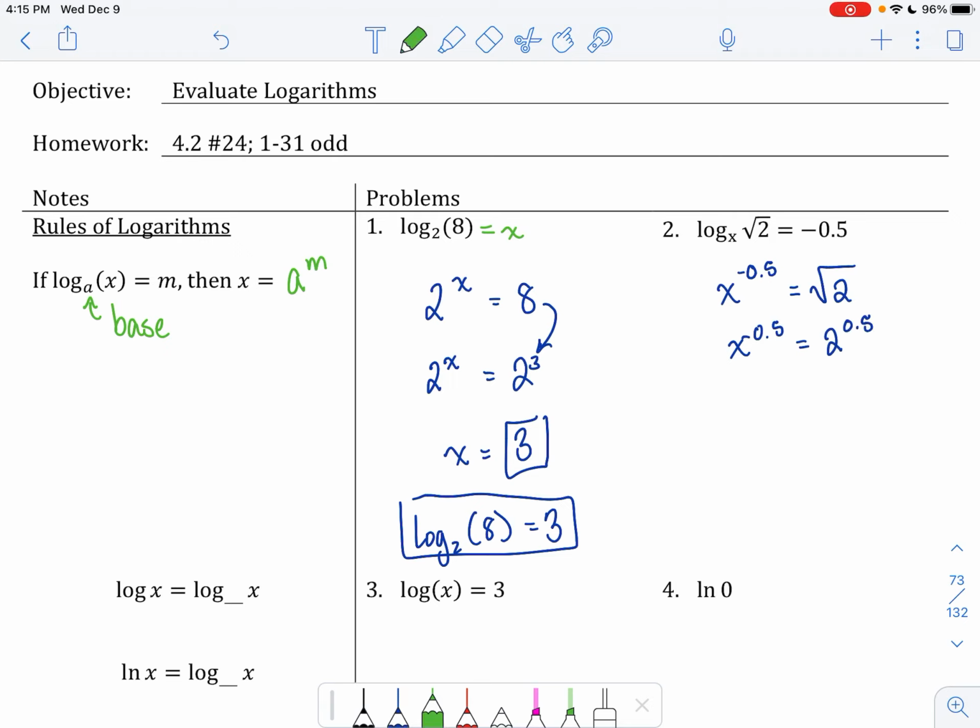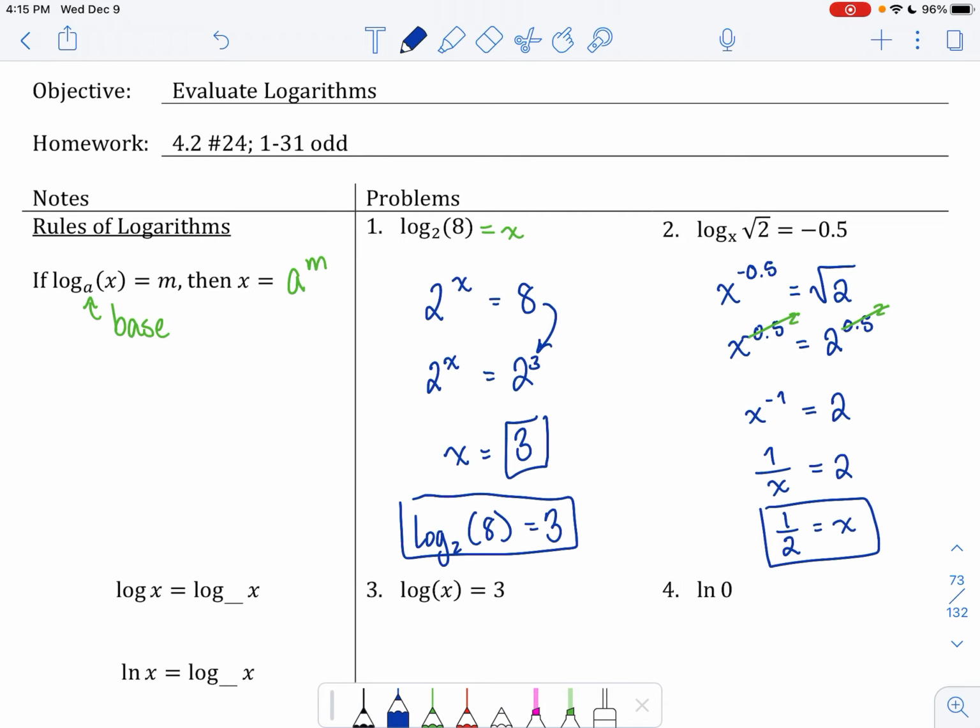So what I'm going to do is, they're both 0.5, I'm going to square both sides. And this becomes x to the negative 1 is equal to 2. Since, just as before, roots and squares cancel out like so. If you're stuck on negative exponent, you can rewrite it as a positive. So 1 over x is equal to 2. Multiply by x, divide by 2, x is equal to 1/2.